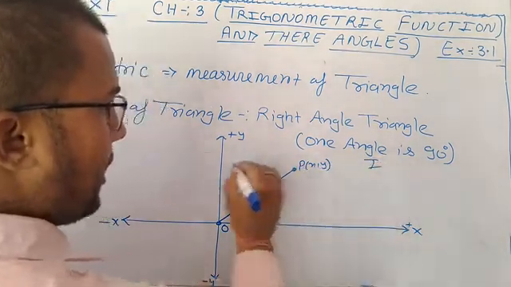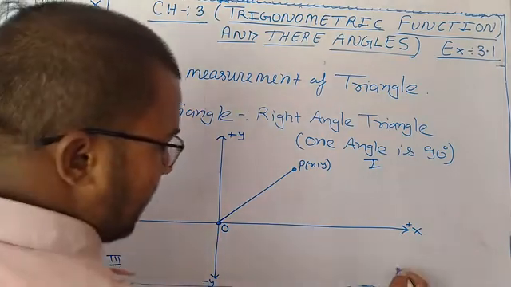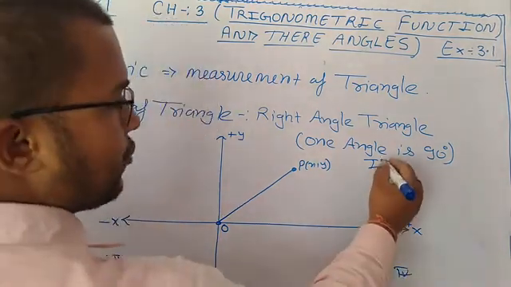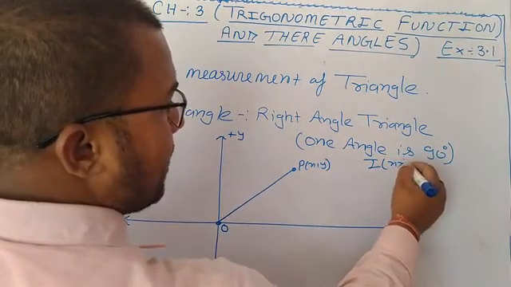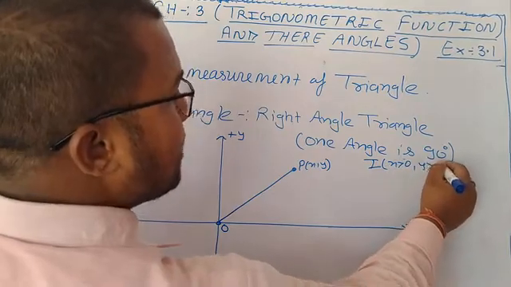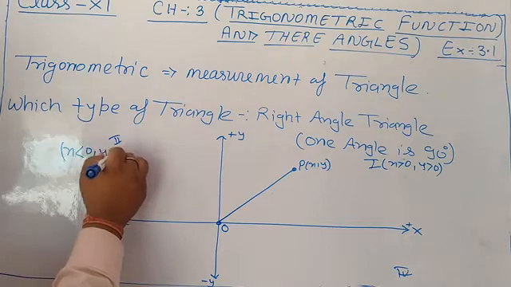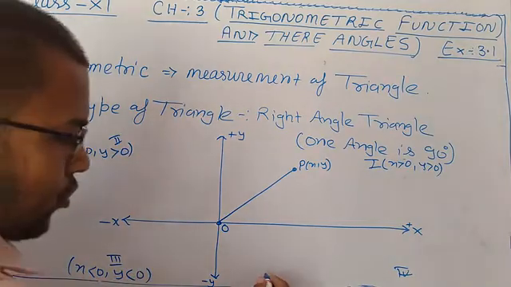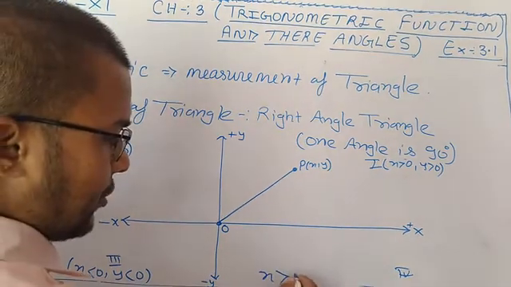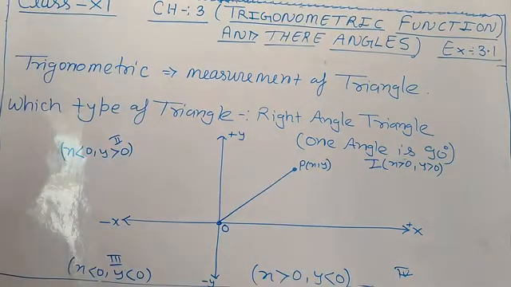The first quadrant is always positive, meaning x greater than 0, y greater than 0. Second quadrant, x less than 0, y greater than 0. Third quadrant, x less than 0, y less than 0. Fourth quadrant, x greater than 0 and y less than 0. So this is very important, students.